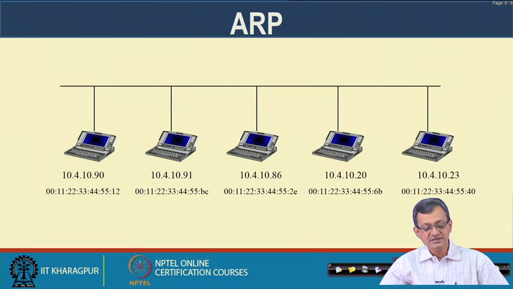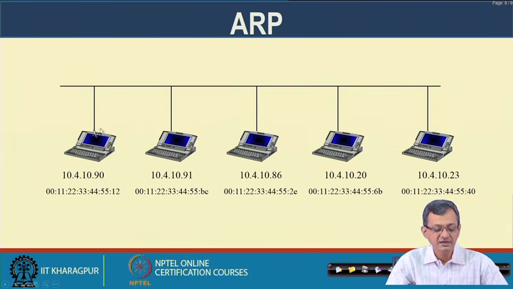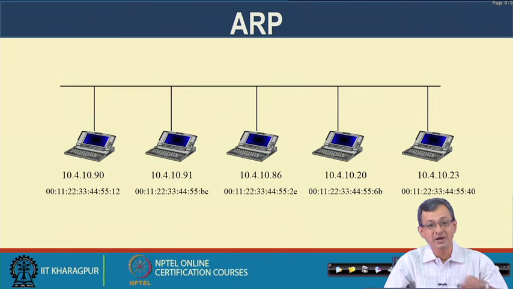Now, what is this ARP? First of all, every machine, every system, whether it is a PC or server or laptop or a router with multiple interfaces, we will come to that, or any other device, or a printer which can be network enabled, any device which is network enabled has a logical address or IP address and a corresponding physical address.